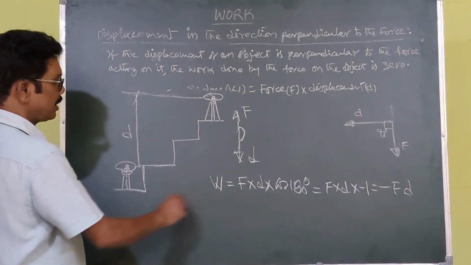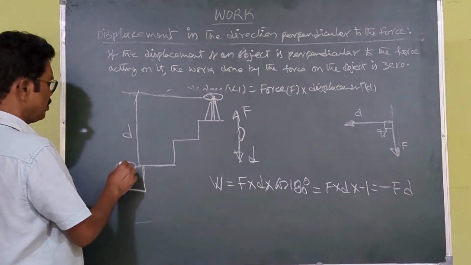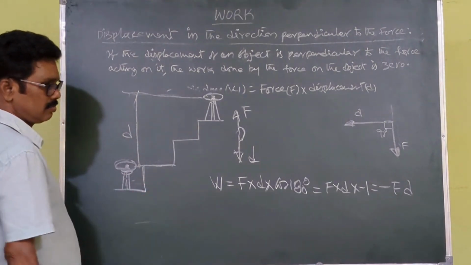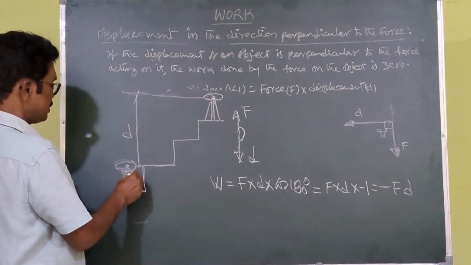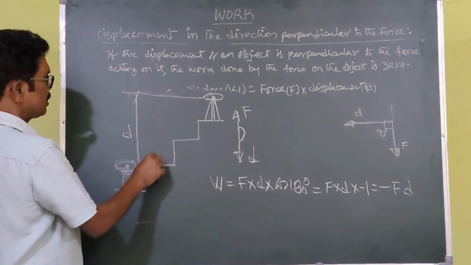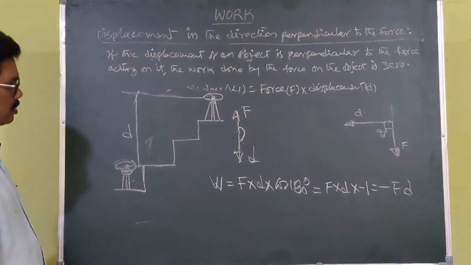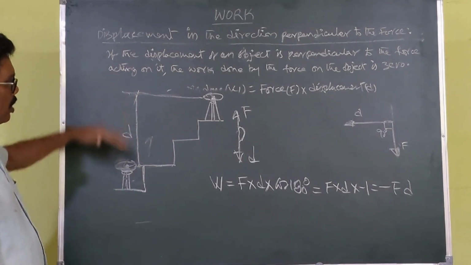To be honest, in the horizontal direction this object is not displaced; the person is. But while he is climbing up, acceleration due to gravity acts on this object, so we take the displacement as positive.